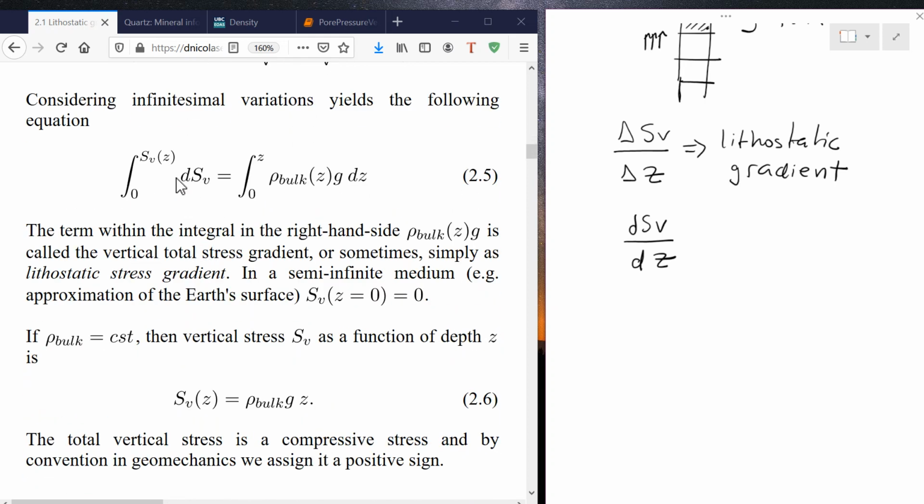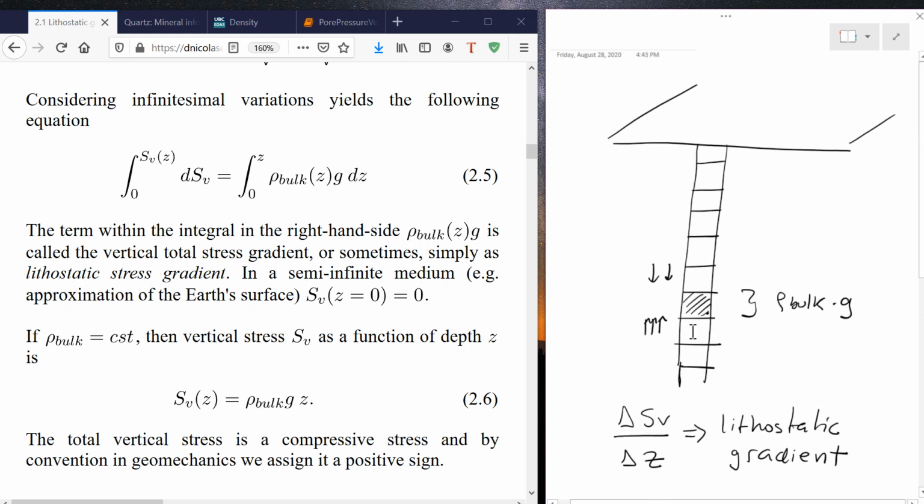So the integral of the differential of SV is just going to be SV. I'm going to further assume that the stress on the free surface is equal to 0. So this is our free surface, which is the ground surface in an onshore case.